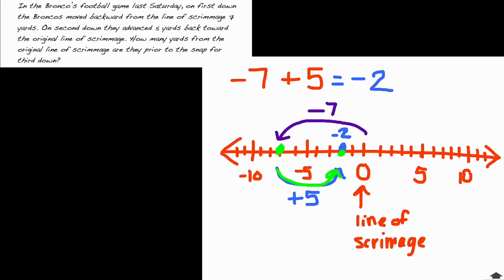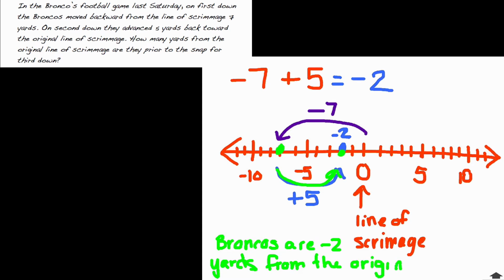And once again, since we are trying to put this in context, we say that the Broncos are now -2 yards from the original line of scrimmage. Okay, so trying to put our answer into the context of our question.